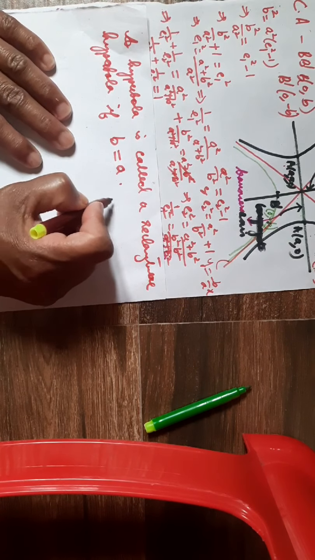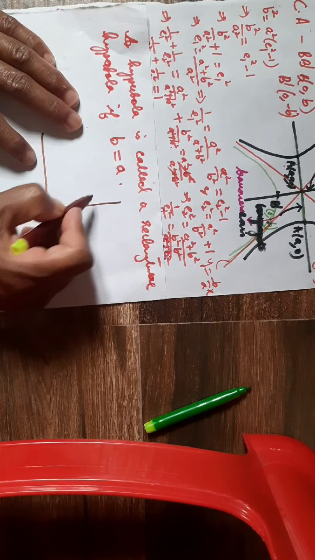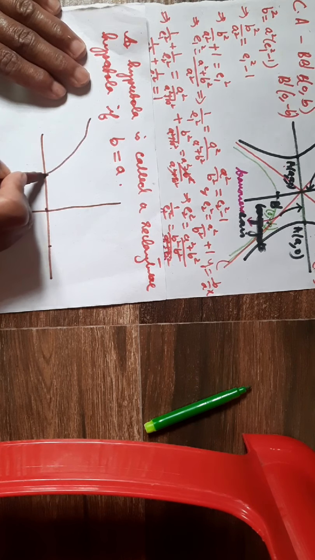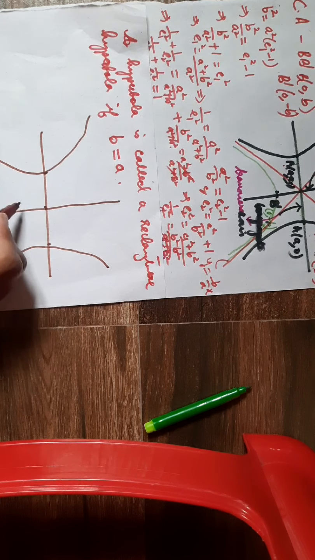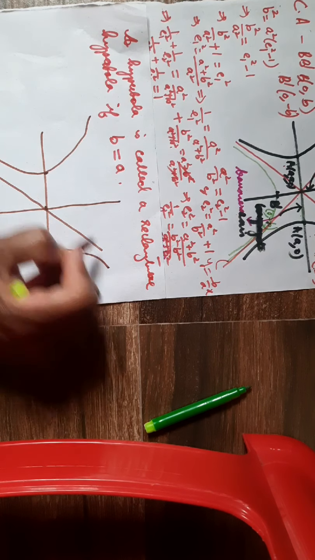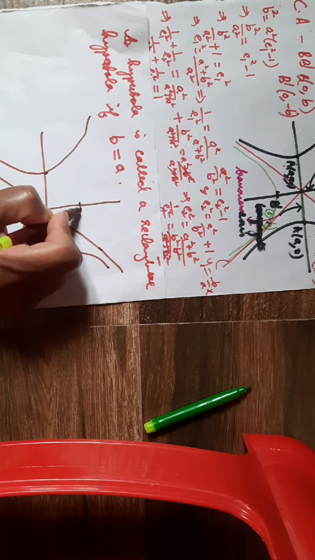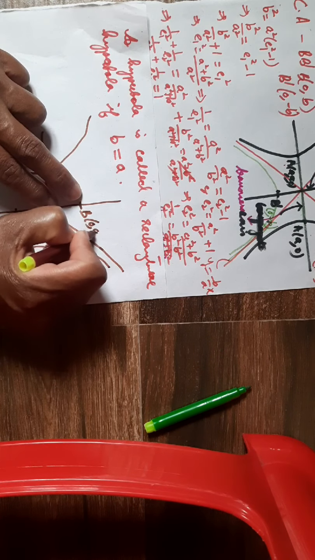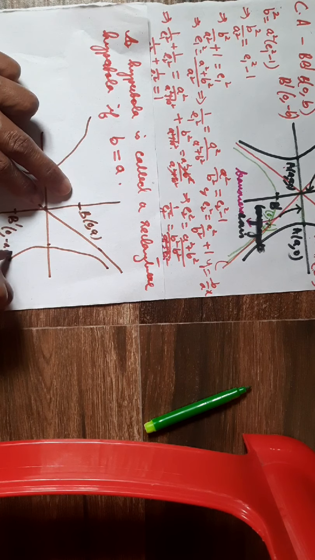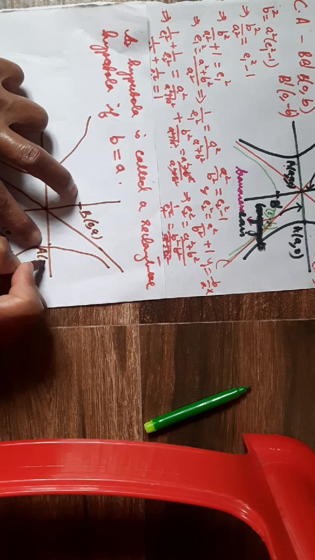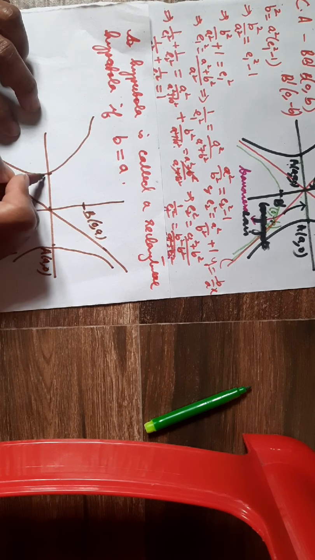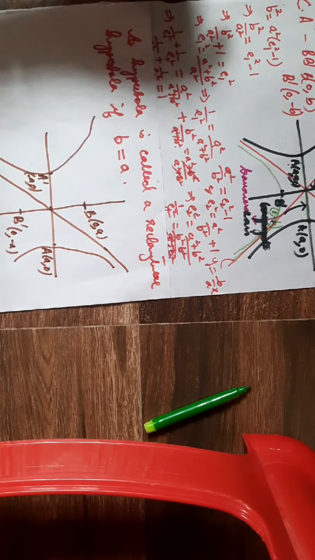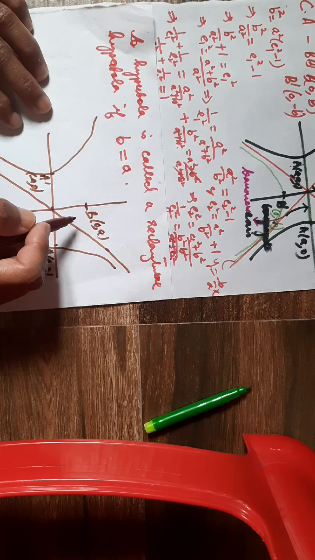The coordinates here are 0, a and 0, minus a. The coordinate of A is a, 0, and the coordinate of A prime is minus a, 0. Here the value of a is the same as b, so you get a rectangular hyperbola.